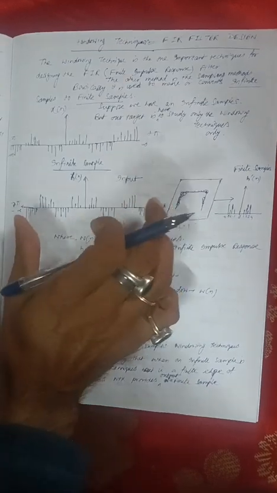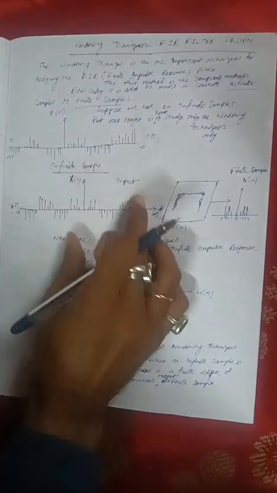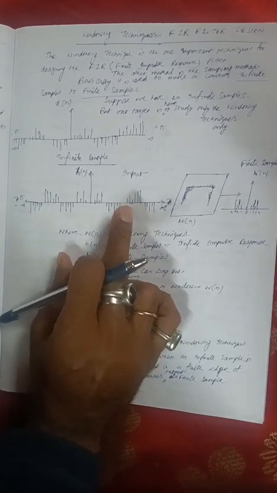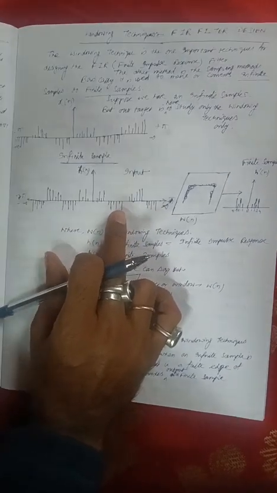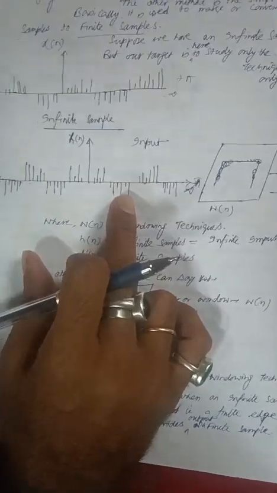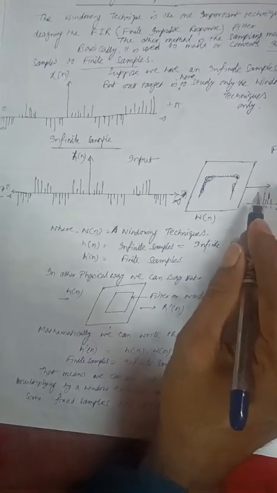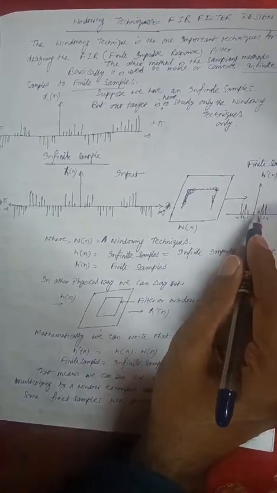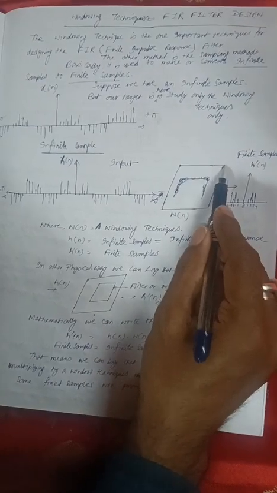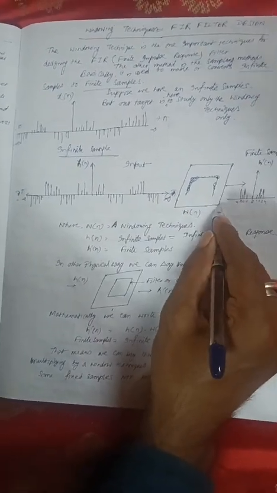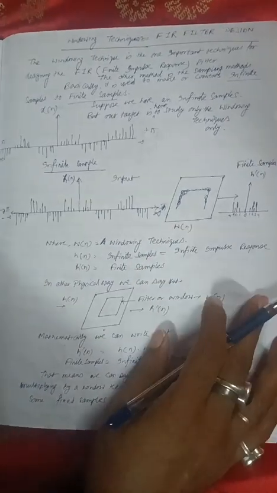That means from the infinite sample sequences, we are going to make finite predefined samples, those we want to pass through, and that is the window. This is the shape of the window. That is why the technique is known as windowing.